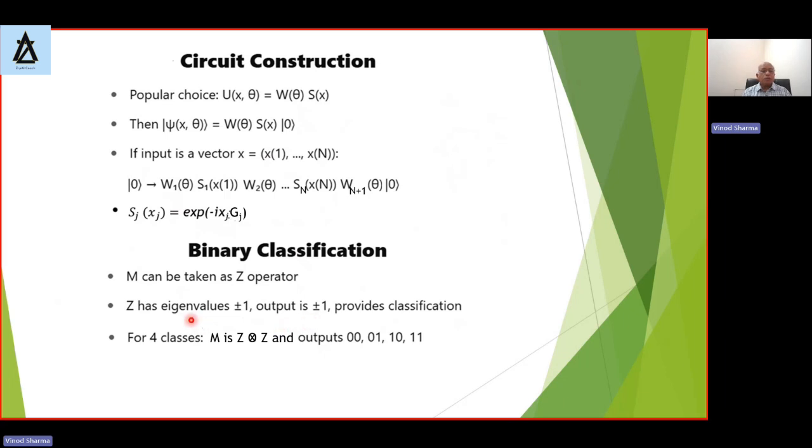The outputs given by using this operator on this circuit will provide us the classification into two classes. If instead of two we have four classes, then M can be Z tensor Z. Then, of course, the output will be 00, 01, 10, 11, denoting the four classes.